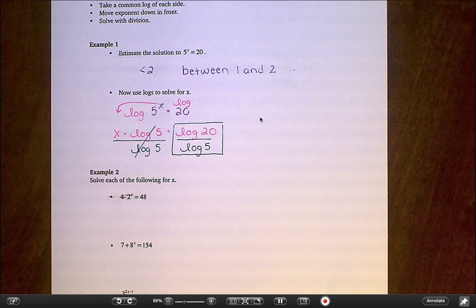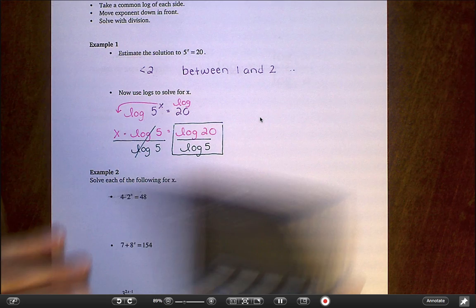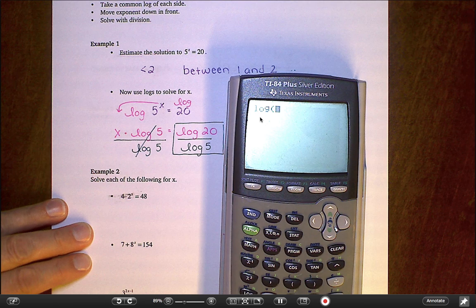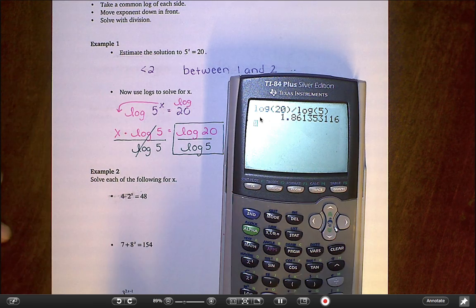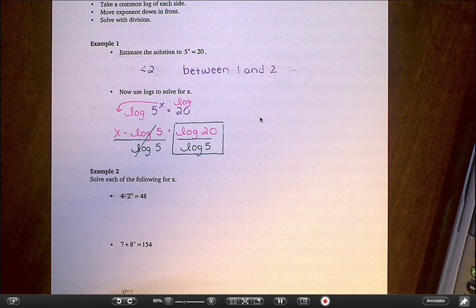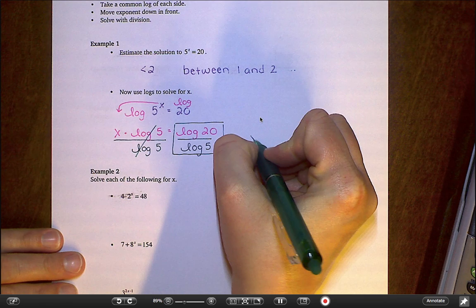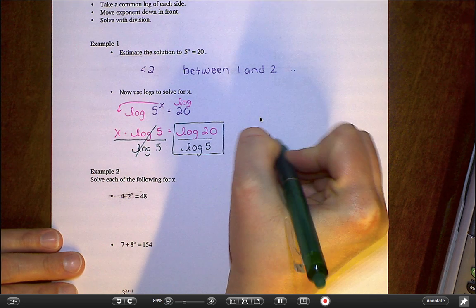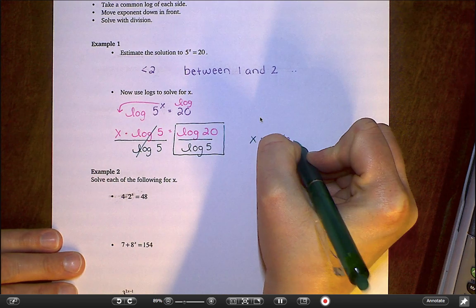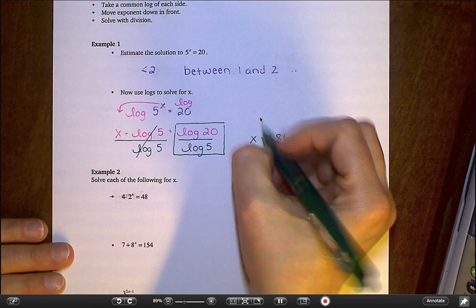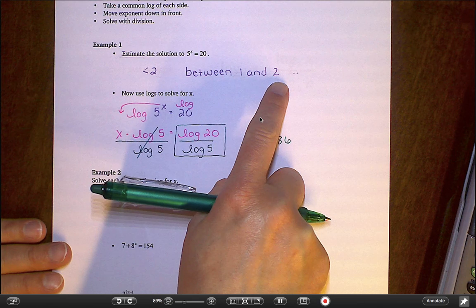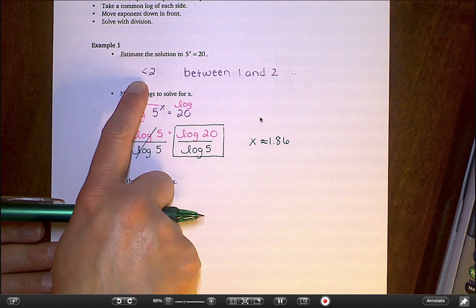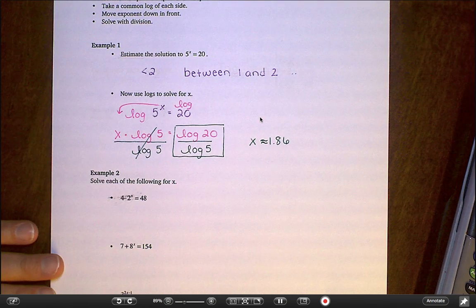So I am going to do log 20 divided by log 5. And I end up with about 1.86. And so we end up with x equals 1.86-ish. Okay, we know that we rounded that. I guess I should have used the little squiggles here. And if you think back to our estimate, that's about correct, right? It's something a little bit less than 2.